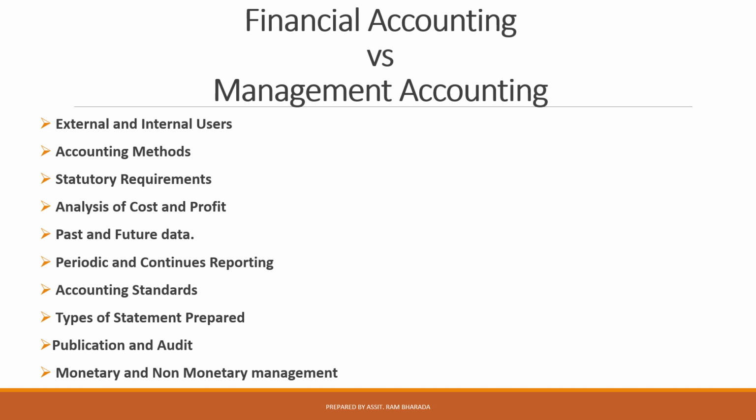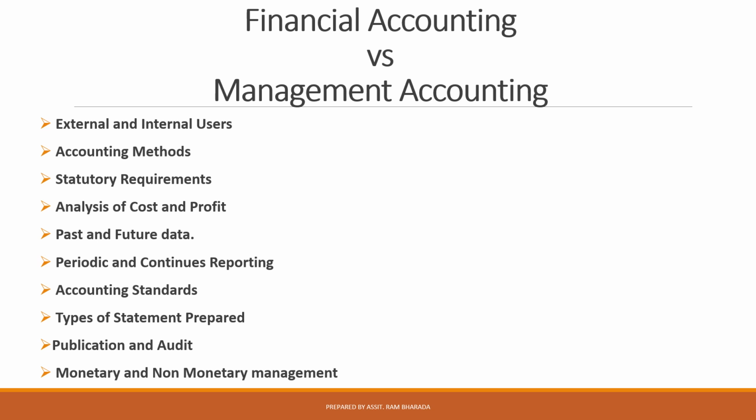In management accounting, we prepare statements as per the requirement of the department or organization. In financial accounting, publication of the annual report is compulsory and audit is also compulsory, but in management accounting, both are optional. Financial accounting is mandatory for all companies, but management accounting is not mandatory for all companies.